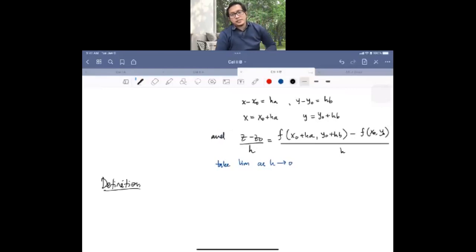Basically, the directional derivative is a derivative with a certain direction, usually given by a unit vector u.